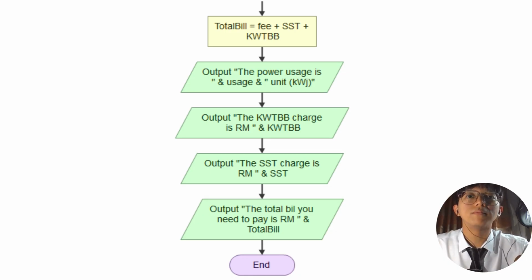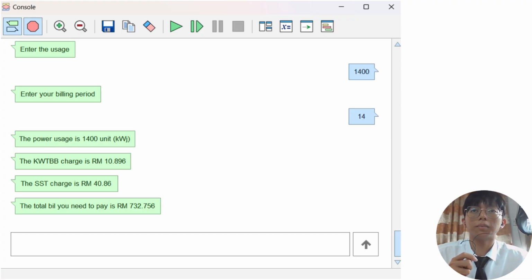So that's all. Lastly, this is my test run of my flowchart. The first is the output of "Enter the usage," and I key in 1400 units and enter my billing period, which is 14 days.